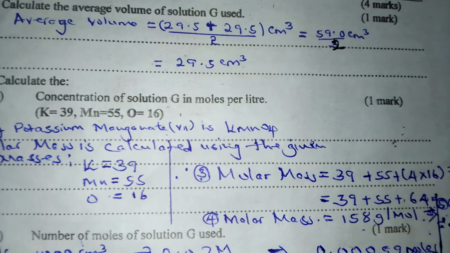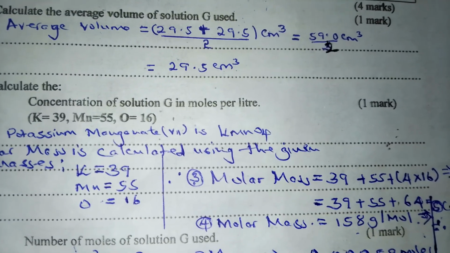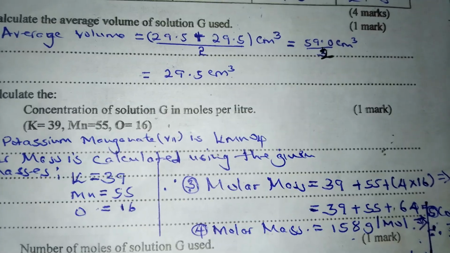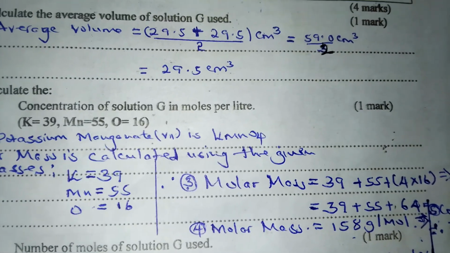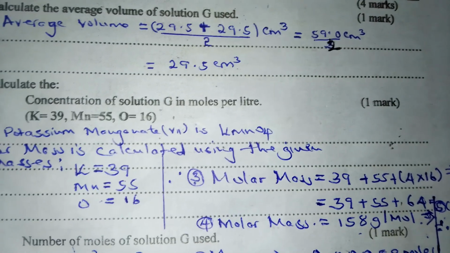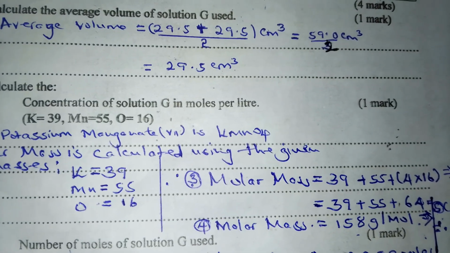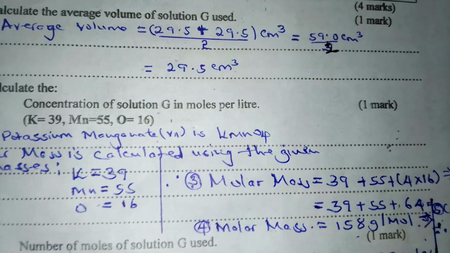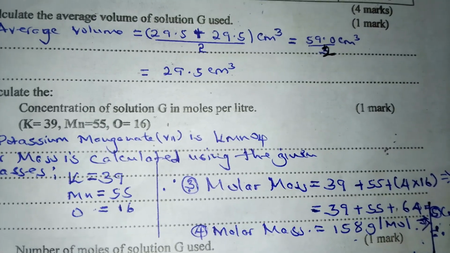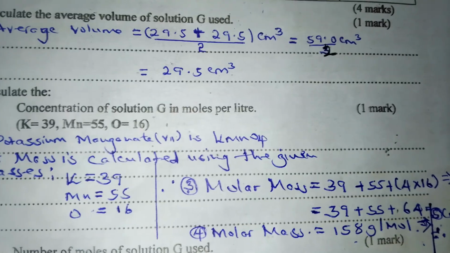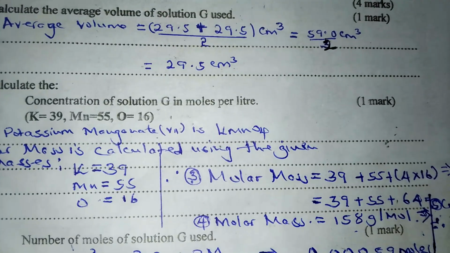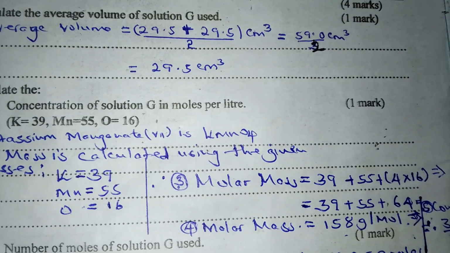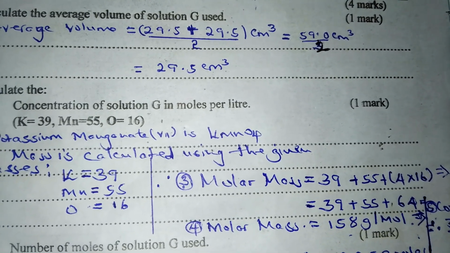So we were supposed first to multiply 16, because the relative atomic mass of oxygen is 16, times 4 because there are 4 atoms, as you can see in the chemical formula up there. Then after you have gotten their products, that's when you add everything to get the relative formula mass or the relative molar mass.